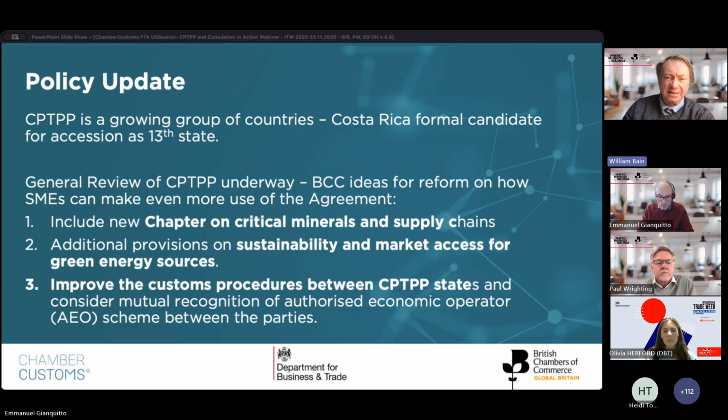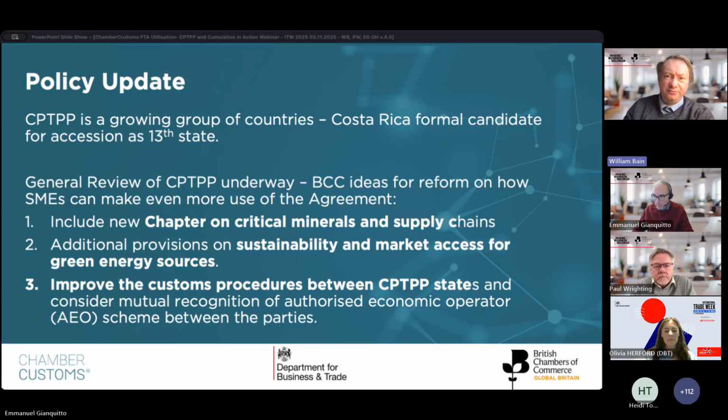Just to put in context, if we look at trade data from earlier this year, the UK's goods exports to the EU are 185 billion, to the US 59 billion, but to CPTPP combined, a not inconsiderable 31 billion in goods exports. And that is growing fast.